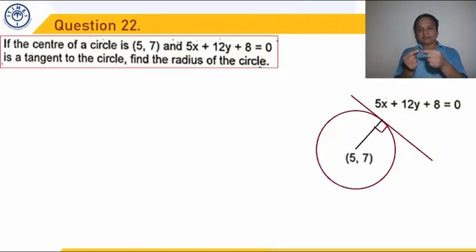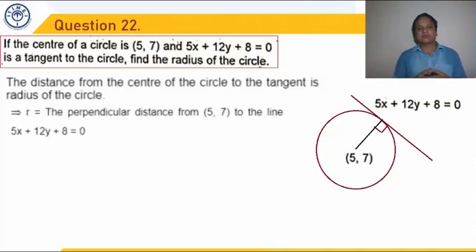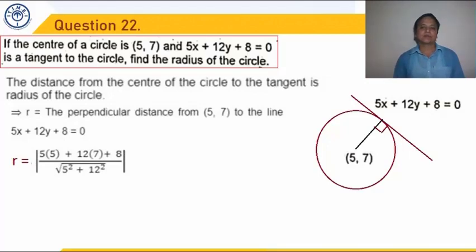So we will simplify the distance from the center to this straight line that is given as a tangent, and we are talking about the shortest possible distance, that is the perpendicular distance. So the distance from the center of the circle to the tangent is the radius of the circle. R is equal to the perpendicular distance from (5, 7) to this line, 5x plus 12y plus 8 equal to 0.